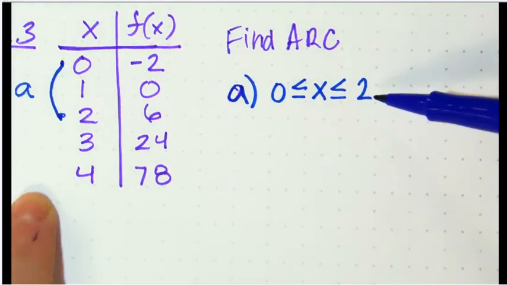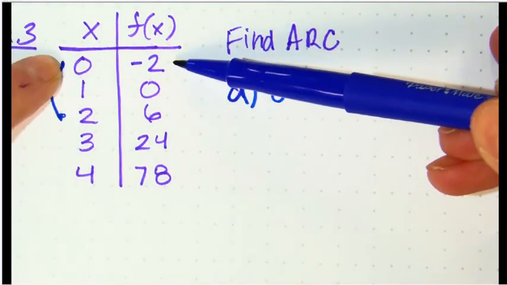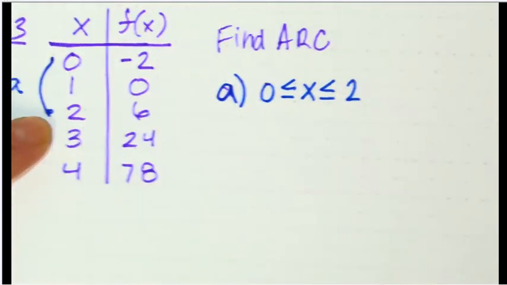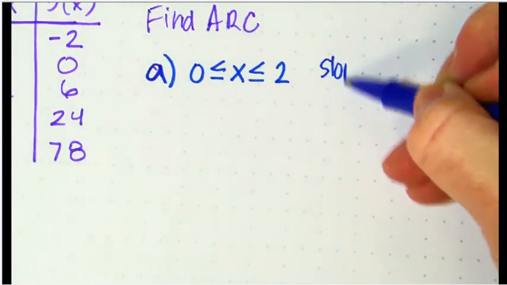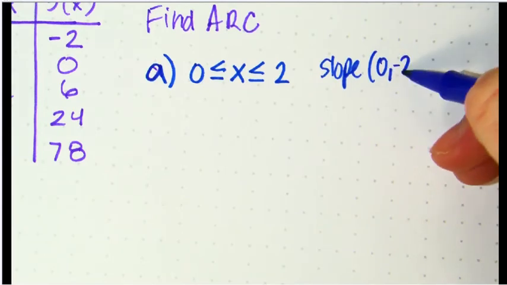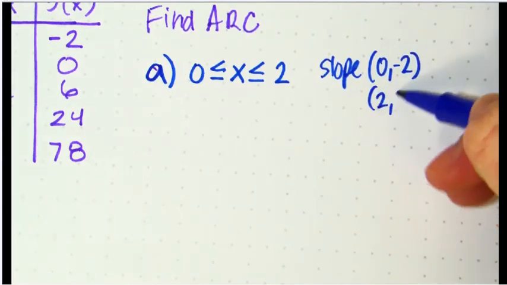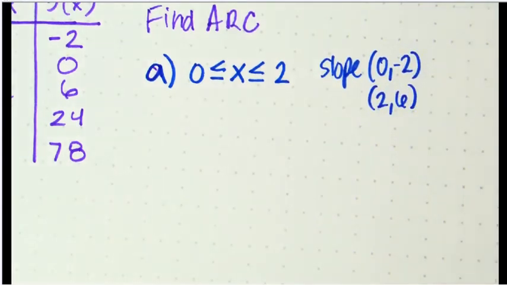Okay, so for my slope, this is ordered pair 1, this is ordered pair 2. All right, so we're going to find the slope of the points 0, -2, and 2, 6. Those are the points we want to find the slope from.